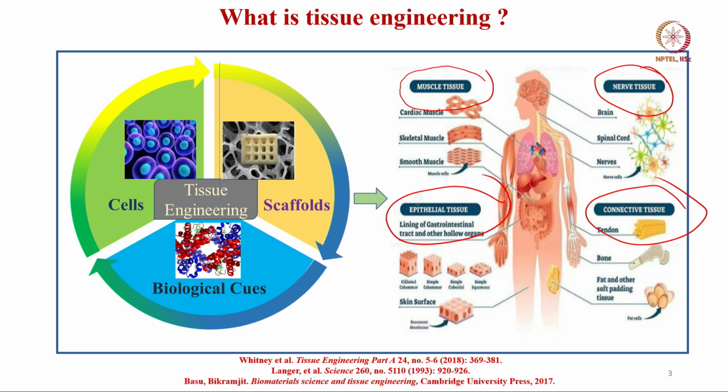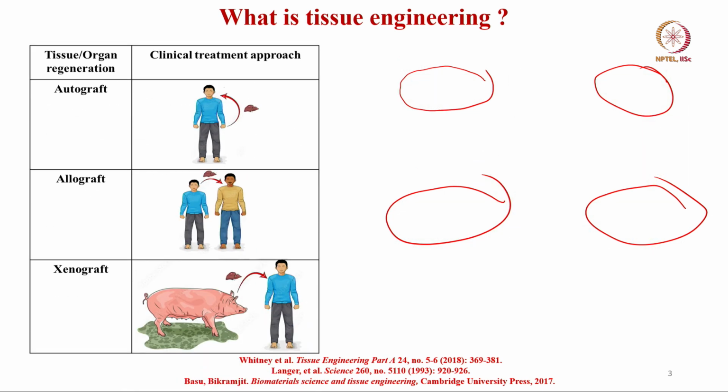I must emphasize the phrase reasonable extent because there is no ideal synthetic tissue engineered scaffold available in this world which can perfectly mimic either of these, muscle tissue, nerve tissue, connective tissue and epithelial tissue, in physiological context and in the clinically most acceptable manner, right. So, this is very important to emphasize this part.